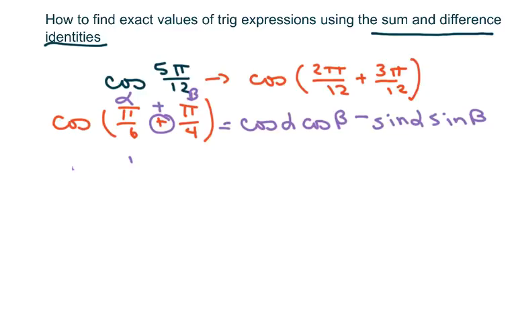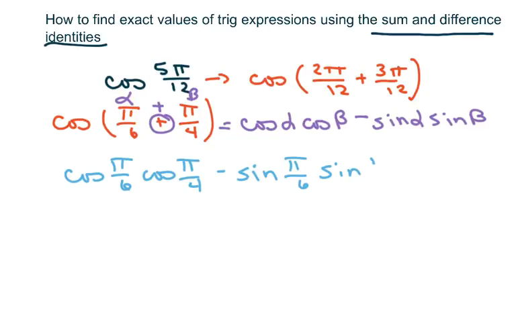So what we get is cosine of pi over 6, cosine of pi over 4, minus sine of pi over 6, sine of pi over 4.